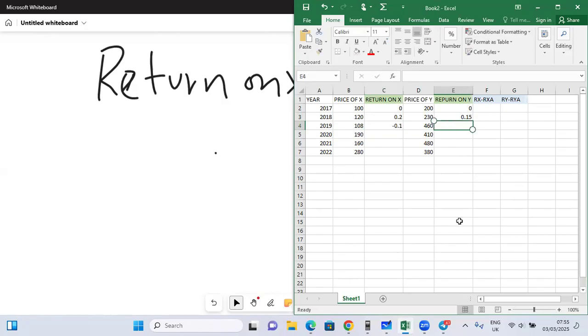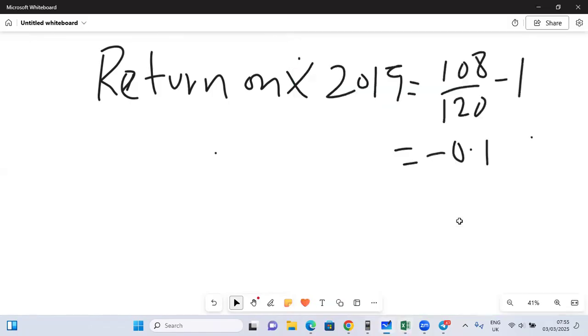And here too is going to be 460 over 230 minus 1.